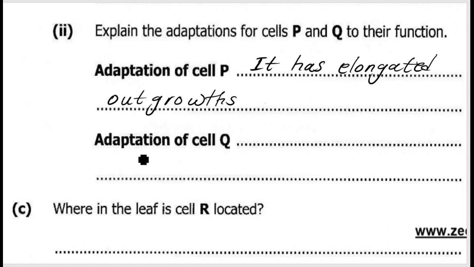The elongated outgrowths are the ones that help it perform its function, or in short, they help increase the surface area for absorption. Q, which is the red blood cells, it has hemoglobin, which is a red pigment.